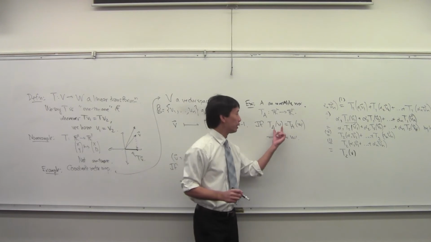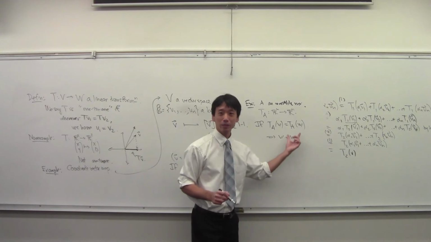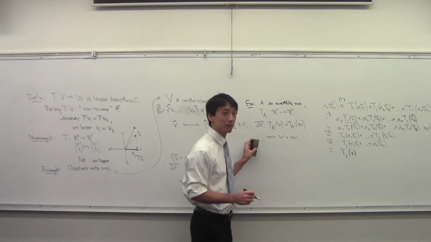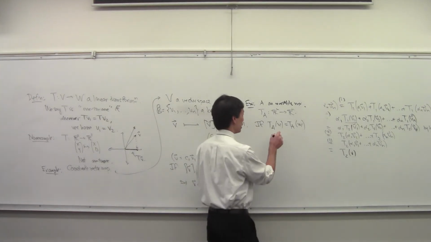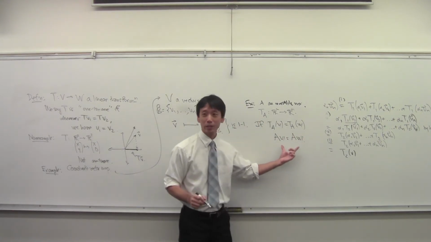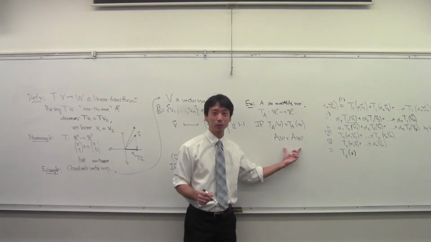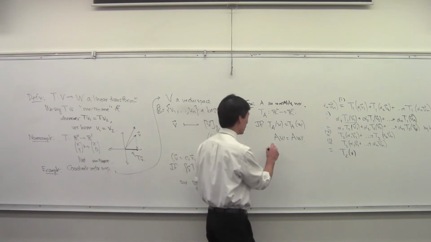Because if TA of V equals TA of W, that says that AV equals AW. Well, why are V and W the same? How would you show that V and W are the same? Taki? Because A is invertible, exactly. So you just invert on both sides.